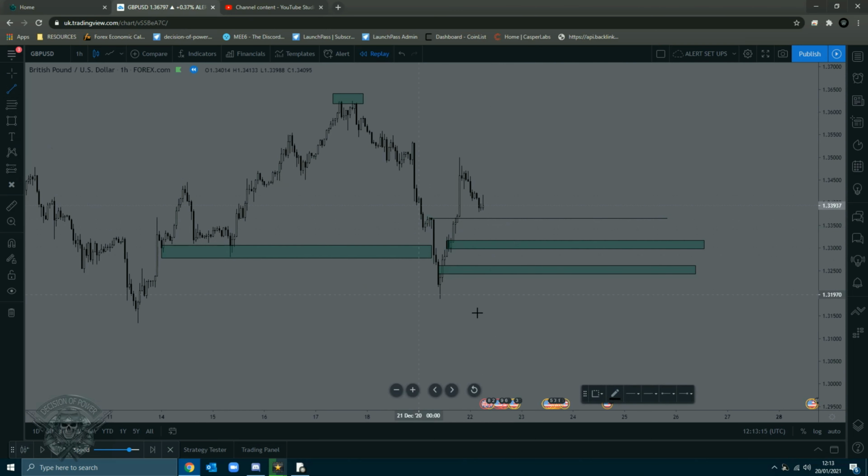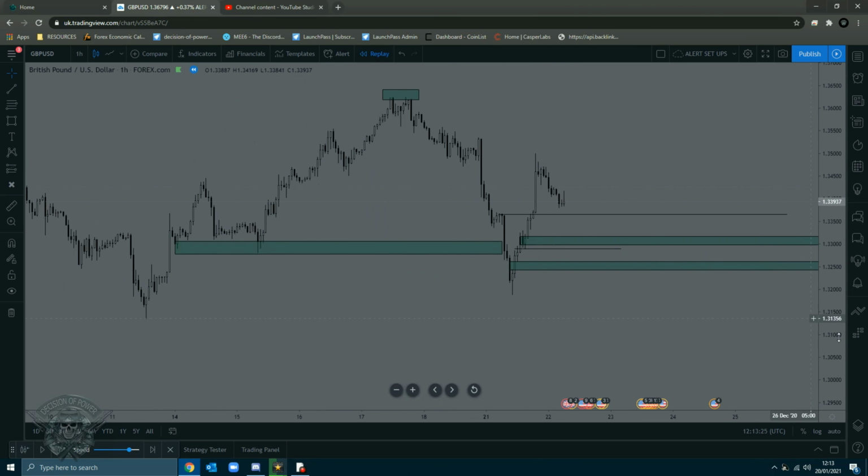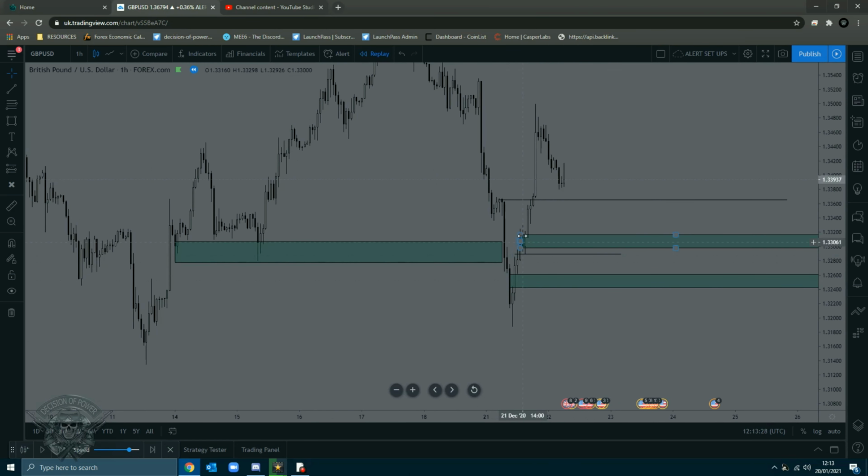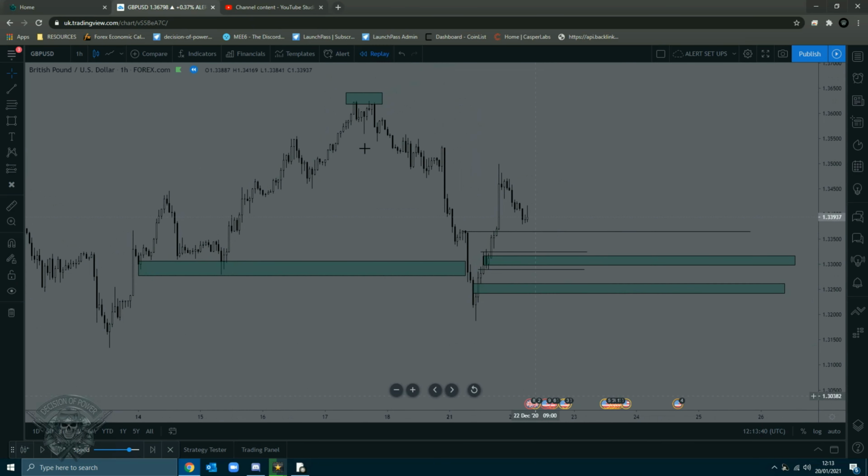Now my stop loss on this trade would be right below this swing point here. Let me zoom in a little bit. This down candle, this black candle here, is what I'm looking to get in on. So I'd be looking for an entry here, stop loss below, and then that would be my target up there.